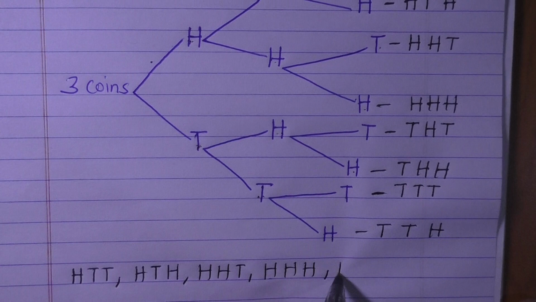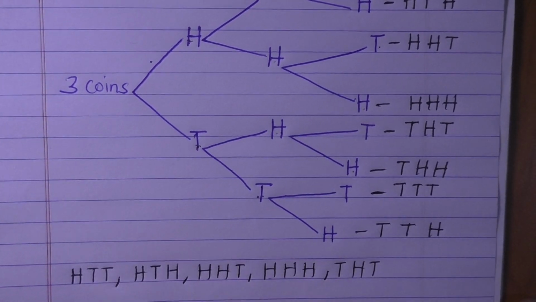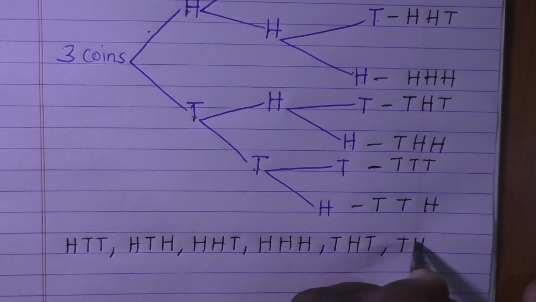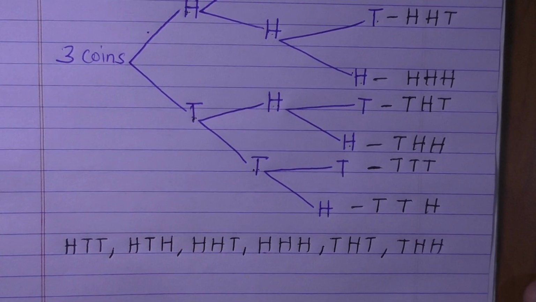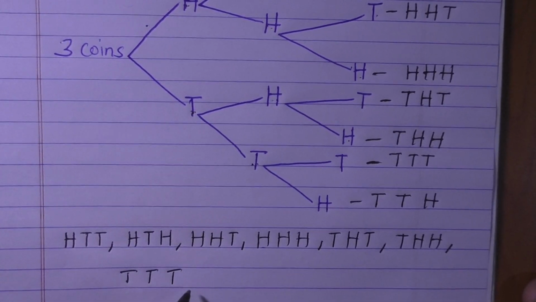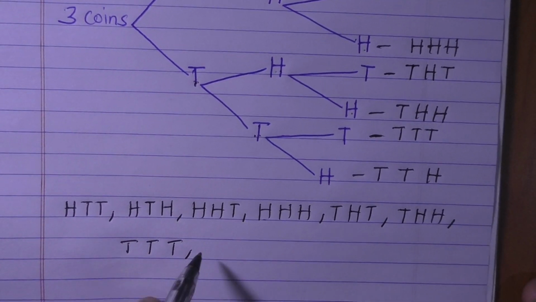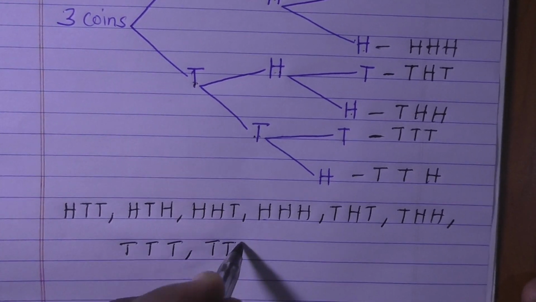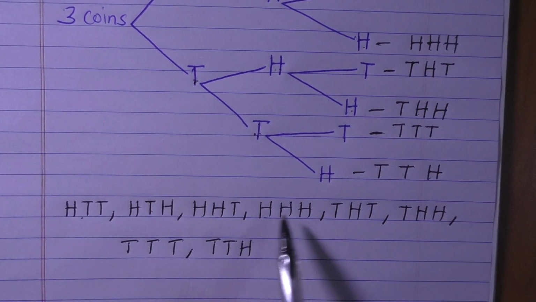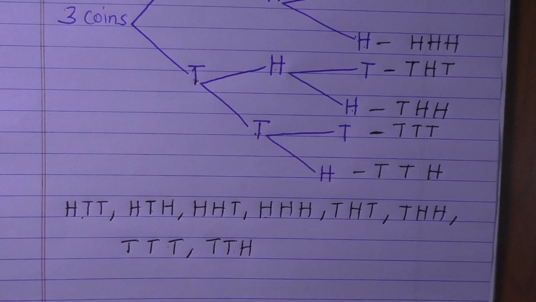Or we can have tail, head, tail. We can have tail, head, head. We can also have tail, tail, tail, and tail, tail, head. So those are the 8 possible outcomes. There should be 8. That's 1, 2, 3, 4, 5, 6, 7, 8.